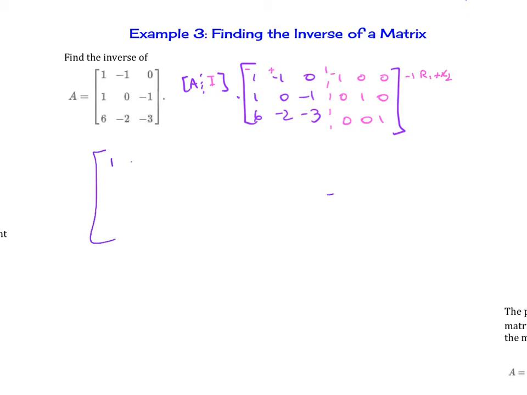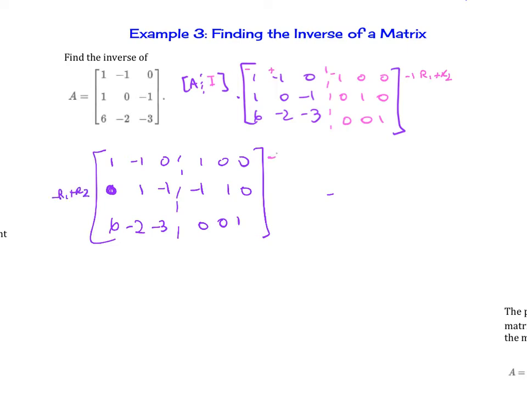So my first row is 1, -1, 0, and then 1, 0, 0. The second row becomes 0, 1, -1, -1, 1, and 0. And the last row is still 6, -2, -3, 0, 0, 1. Then I want to get rid of the 6 in the bottom. So I'm going to multiply the top by -6 and then add it to row 3.